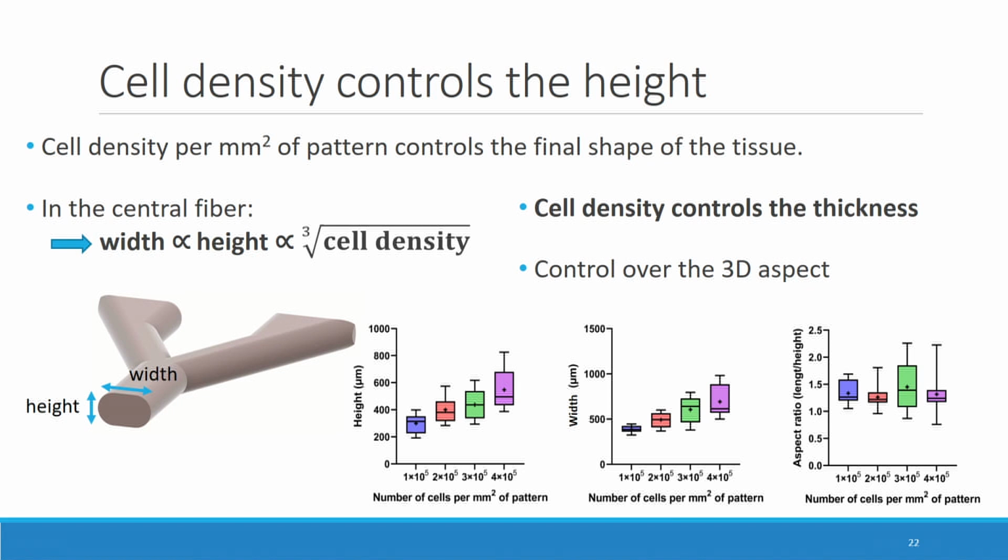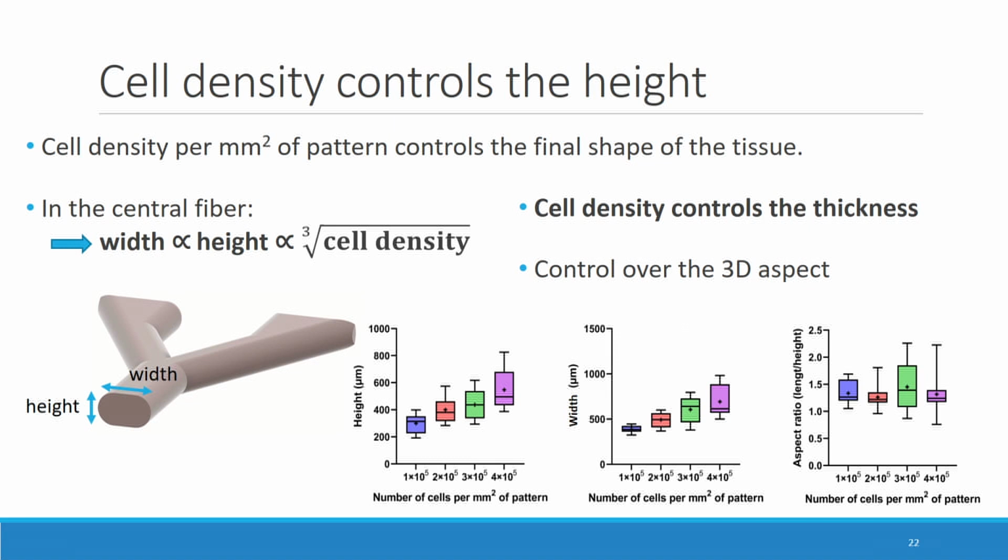We looked at its height and its width, and we saw that both the width and the height stay proportionate to one another, no matter the cell density, but they're also both proportionate to the cubic root of the cell density. So by controlling the cell density, we also control the thickness of the tissue we create, which gives us a bit of control over its 3D aspect.